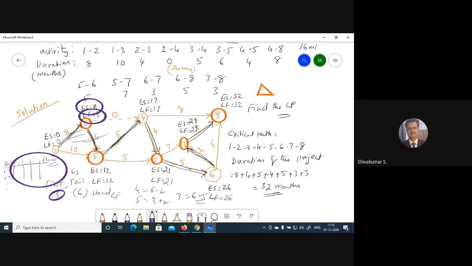So that's all about today's first session. So I will take it at 11:45. I'll give a half hour gap. Yes, sir. 11:45. Okay.